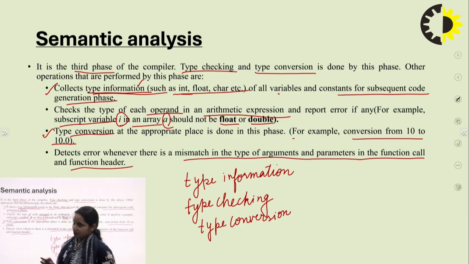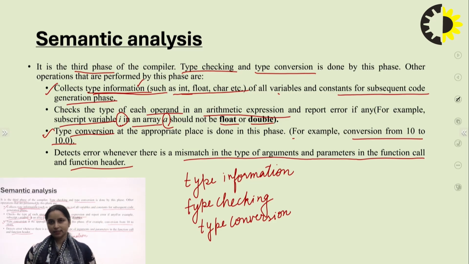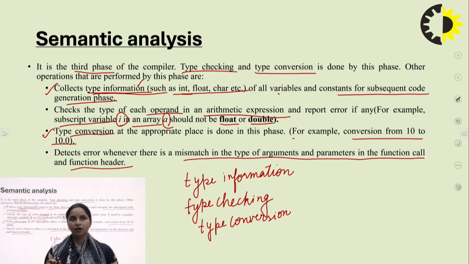So you have to remember these things, that in semantic analysis, in this phase we are doing type checking, we are doing type conversion, and we are also collecting the type information, and we are checking the mismatch in the type of arguments and parameters.